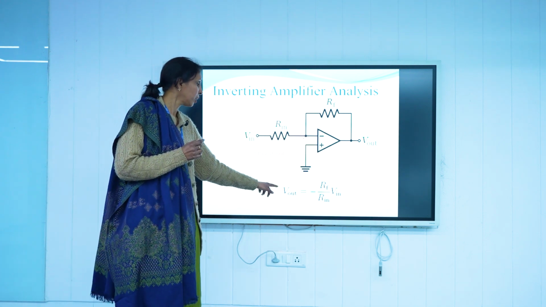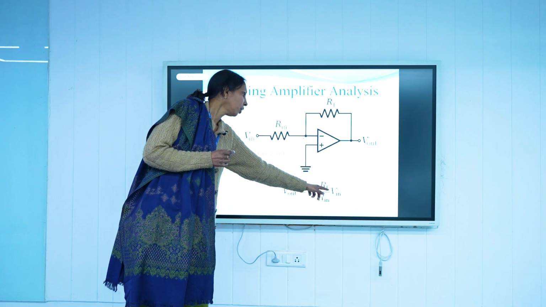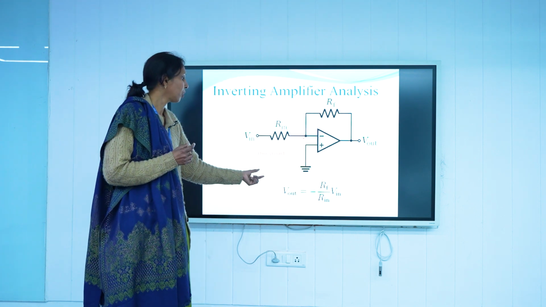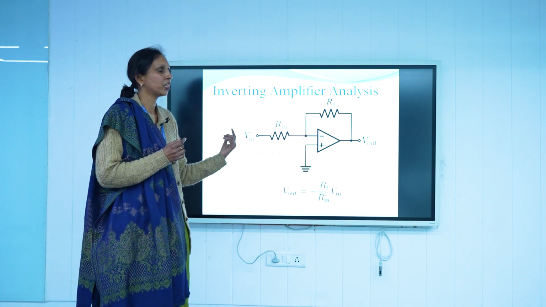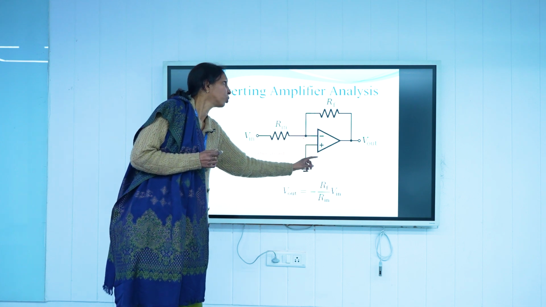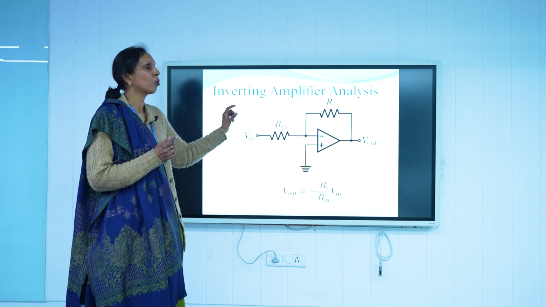So the output can be calculated as minus RF by Rin into Vin. So the output is dependent on the input signal. So this is the first application of op-amp in closed loop configuration.